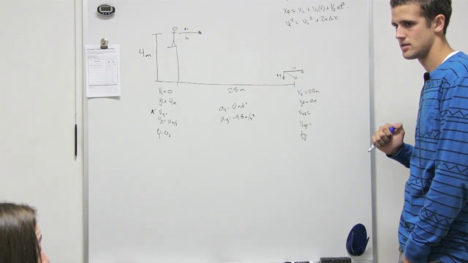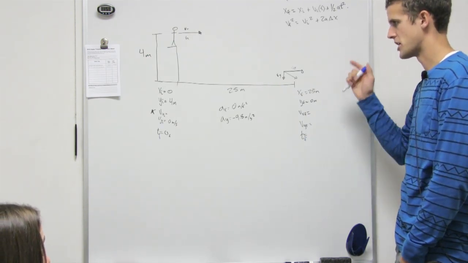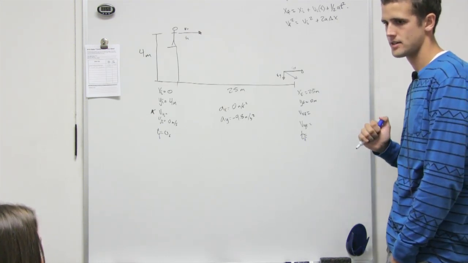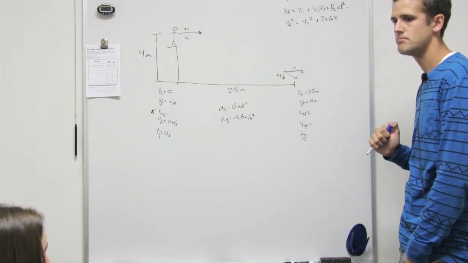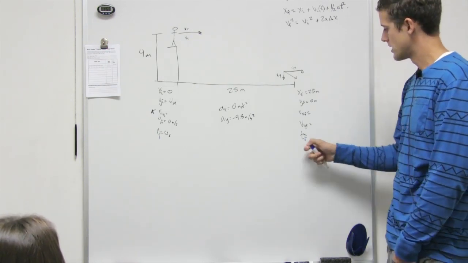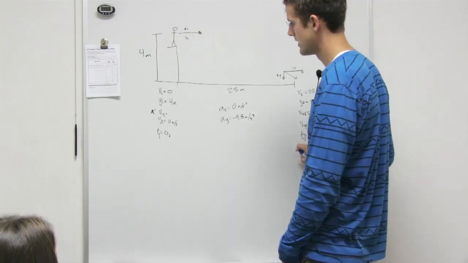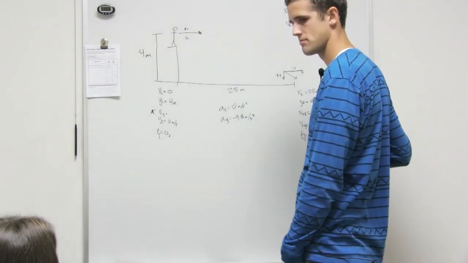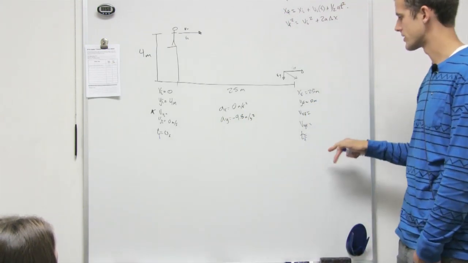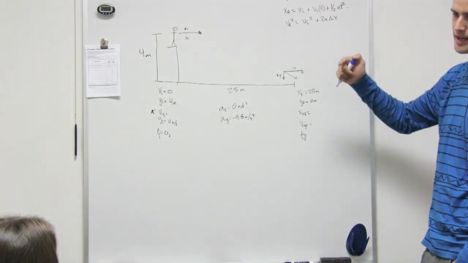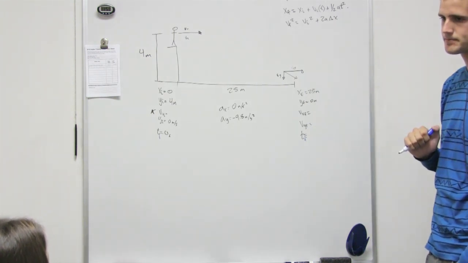About time? Well, just in general. All our x information isn't doing us any good. So go to y? Yeah. Because the time here is the same for x and y. The time will always be the same. So if you can solve for how long it takes for the time to y, then you can plug that back into your x equation.